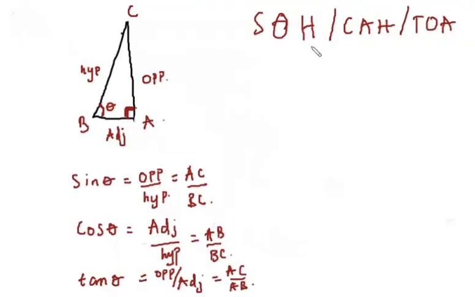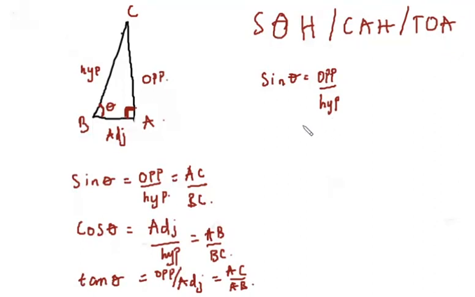CAH: cos relates adjacent and hypotenuse. TOA: tan relates opposite and adjacent. So sine theta equals opposite, which should be on top as the numerator, over the hypotenuse. The same logic applies for CAH and TOA.